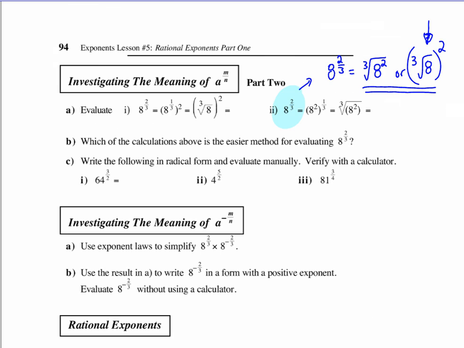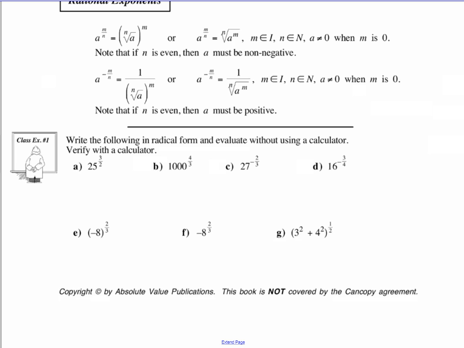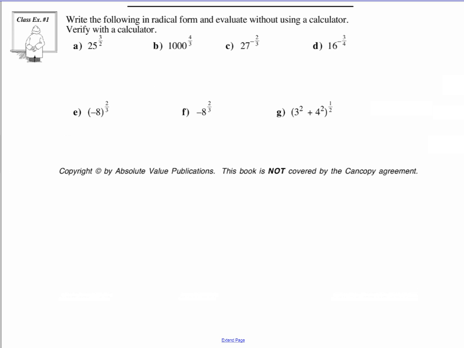Let's go to some examples. So this one, how are we going to write that as a radical? What's the index? 2, and the exponent is 3. So I'm going to write the 3 on the outside this time instead of inside with the 25, because do you know what 25 cubed is?